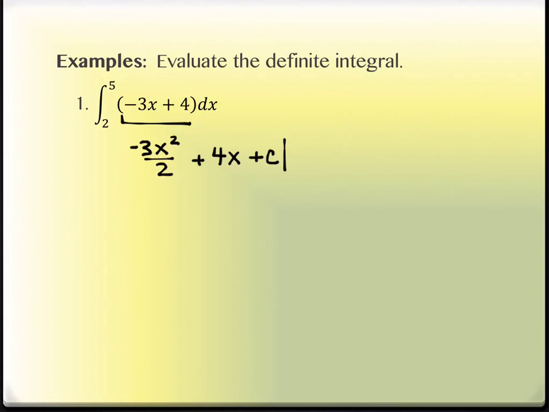We're going to write the upper limit on top, that's a 5, and the lower limit on bottom, that's 2. What we're actually going to do is plug the 5 in everywhere we had an x. From here on, I'm going to show you what's going on, and then I'm going to show you a calculator trick to avoid having to write this all out. This little bracket is not something I necessarily expect to see you write every time. Got it? But what we're doing is plugging in the 5 for the x's.